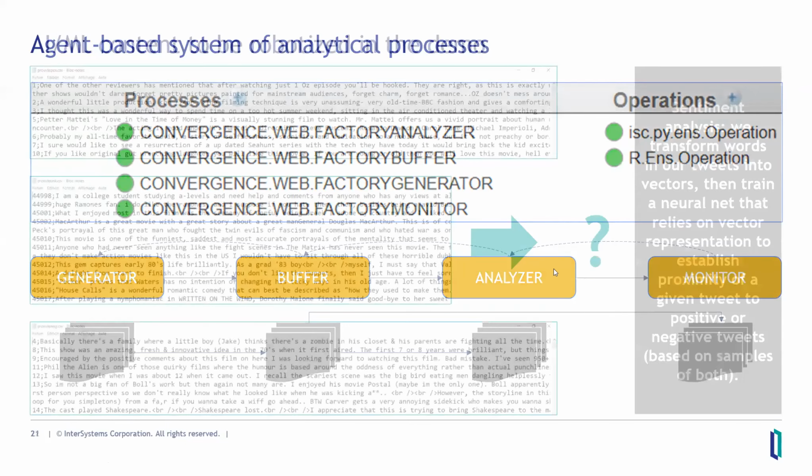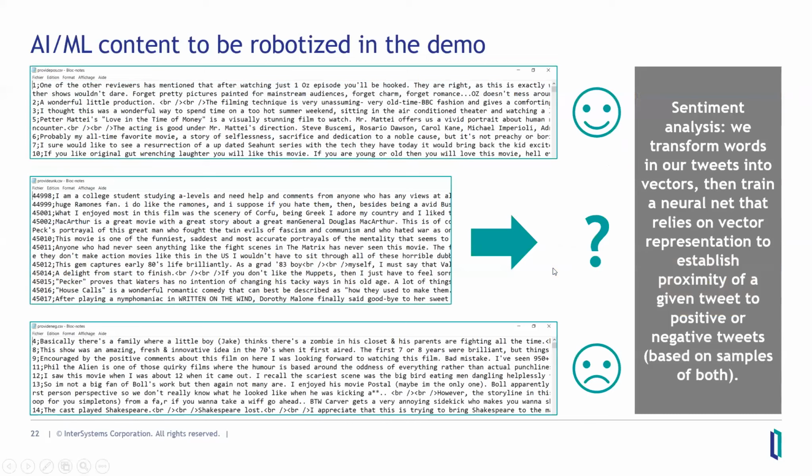So what kind of ML content are we going to demo, and what are we going to envelop in this robotizer sort of template? We decided to make it sentiment analysis.